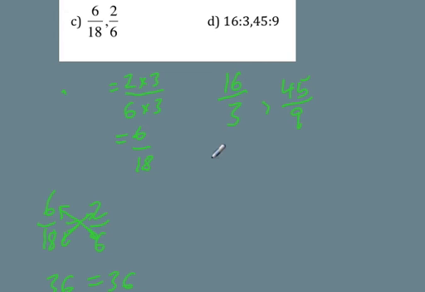Remember, you have to multiply top and bottom by the same number whenever you're finding a common denominator. So we're going to multiply 3 times 3, and we're going to do the same to the top, so that's 16 times 3. And 16 times 3 is 48/9, and 48/9 is not the same as 45/9, so these are not equivalent.